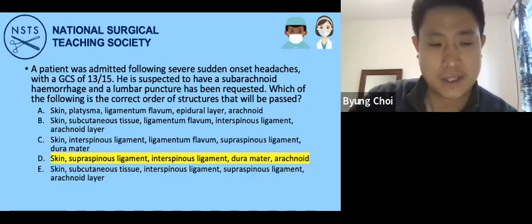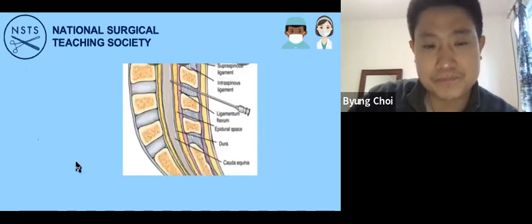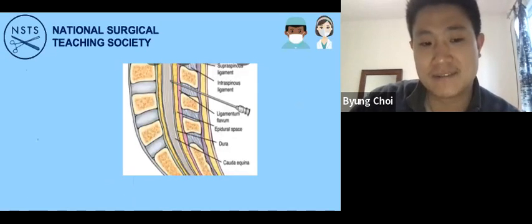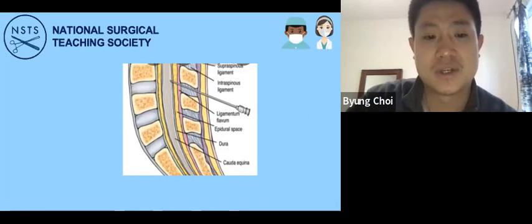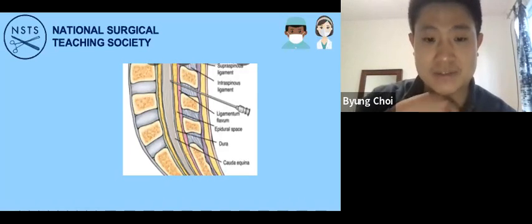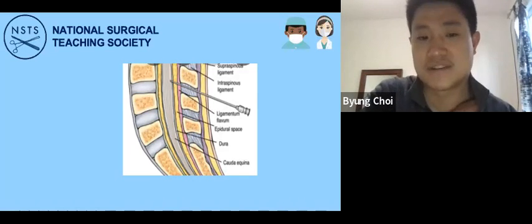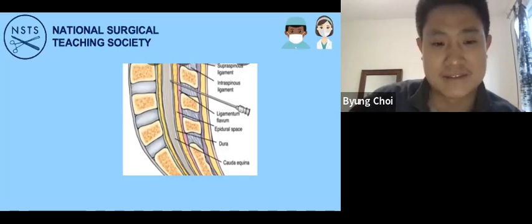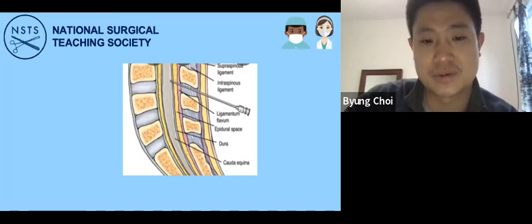And so for an LP, you've got this rudimentary diagram here, but you go through skin, subcutaneous tissue, and then supraspinous ligament. For LPs, I always try to think of it as starting with 3 Ps. That's how I try to remember that supraspinous ligament was the first of the ligaments that you pass after skin and subcutaneous tissue.